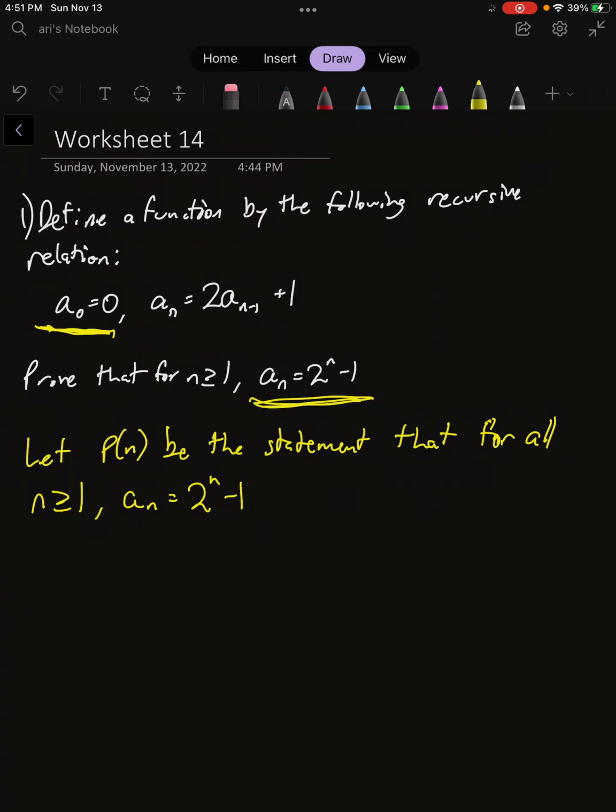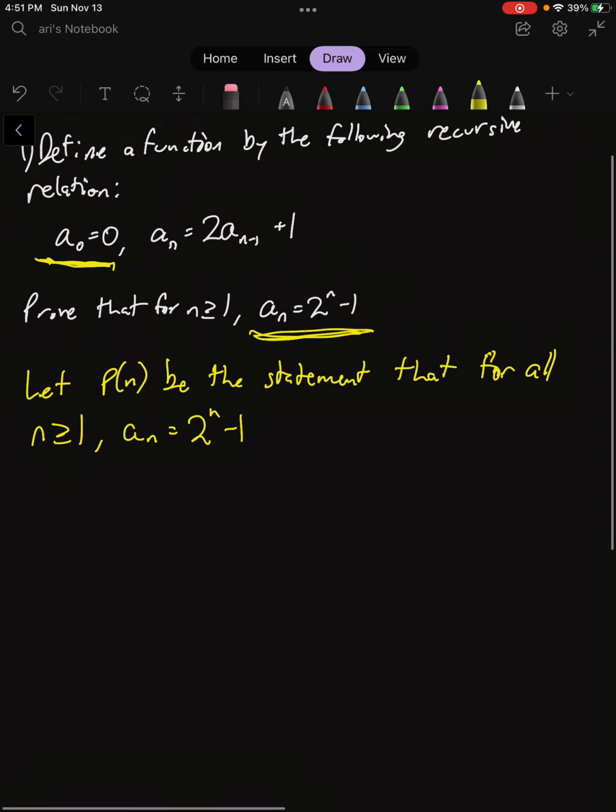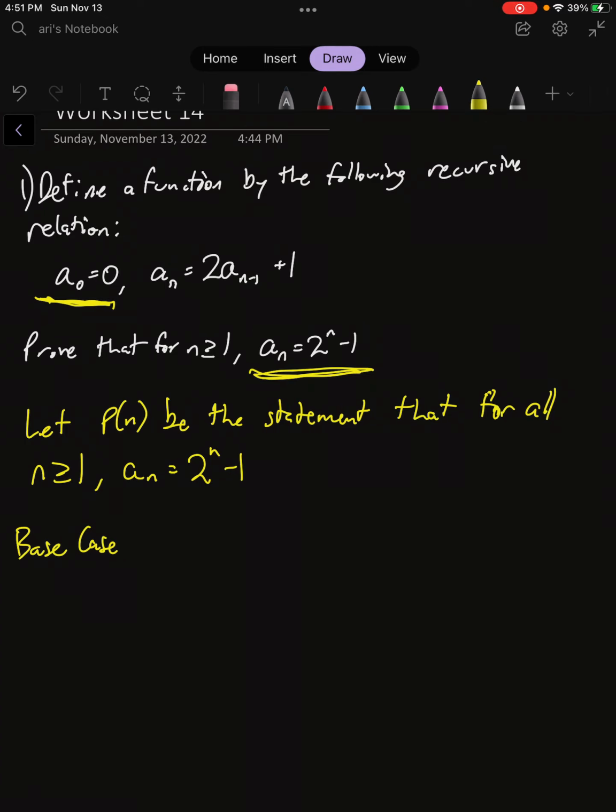Okay, so what are our steps in a proof by induction? The first thing that we need is a base case. Sorry, I'm getting over a cold. So our first step is the base case. And here, this was a little bit of a controversy in class, whether the base case should be when n equals 0 or when n equals 1.